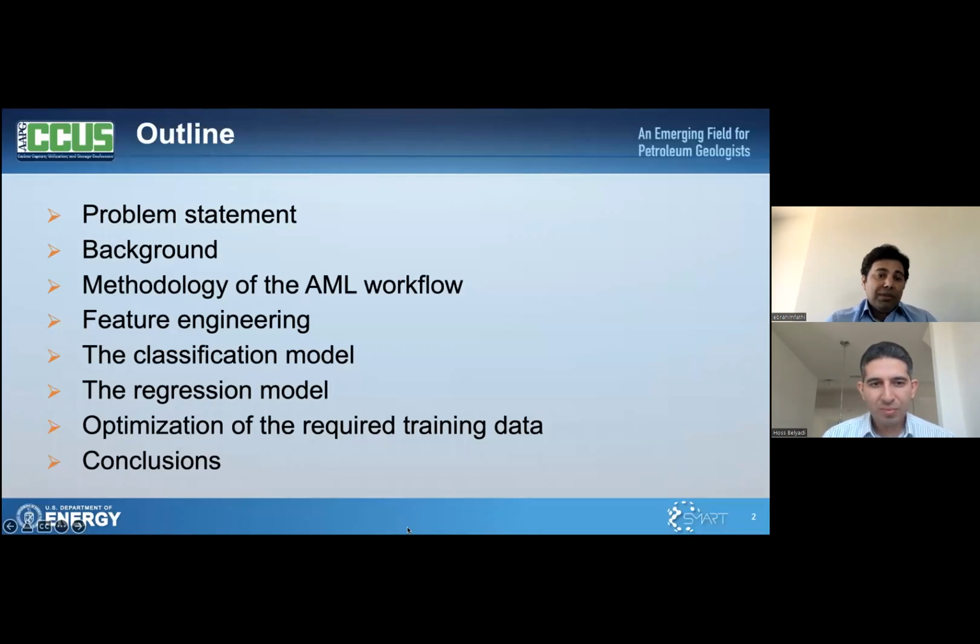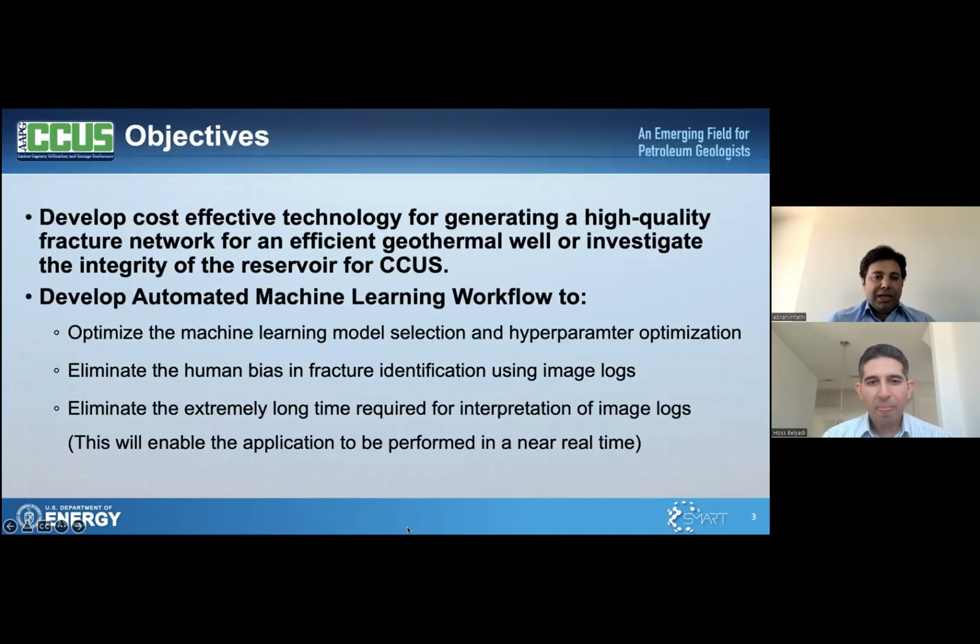That was the original problem statement, which didn't have anything to do with machine learning. Obviously, we wanted to use fiber optics, microseismics, and image logs to map the natural fractures. But after logging the well and getting these image logs, we have to send those back to the consultants for log interpretation.